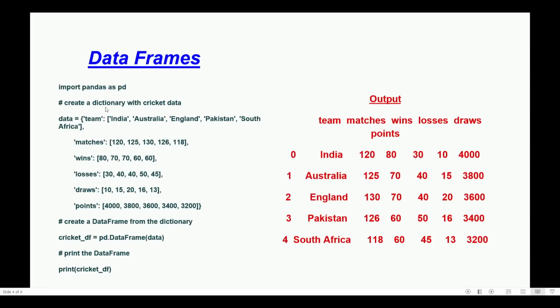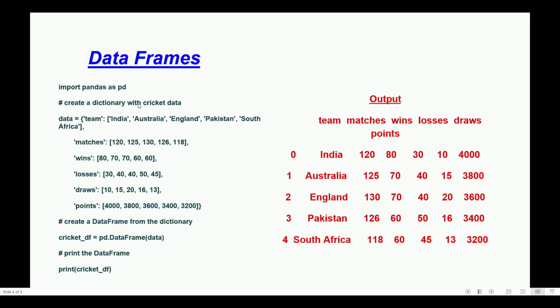Here is the example of DataFrames. As we discussed previously, it is just like an Excel sheet which has rows and columns. Here we can see the column names: team, matches, wins, losses, draws and points. This is the output that you will get if we enter this particular data.